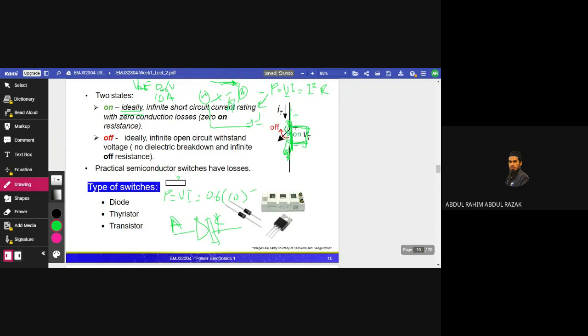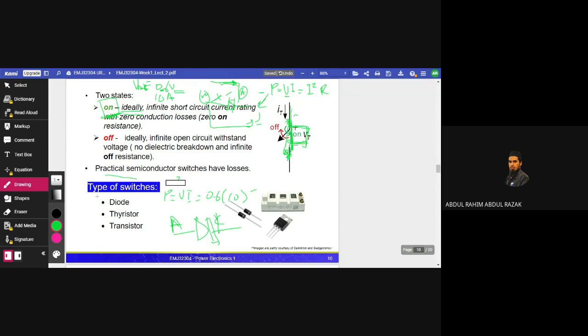Just now we considered that the voltage drop on a practical switch is 0.6 volt, but now there is no voltage drop across the switch, no resistance across the switch, and it is in firm contact. That is the on state for the time being.